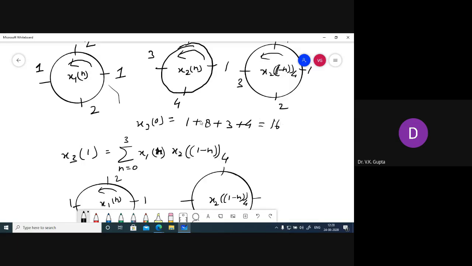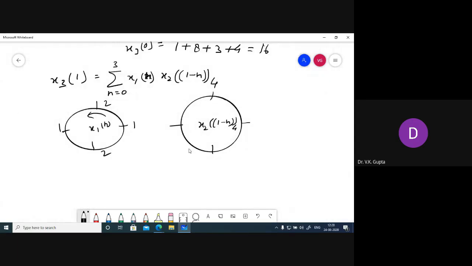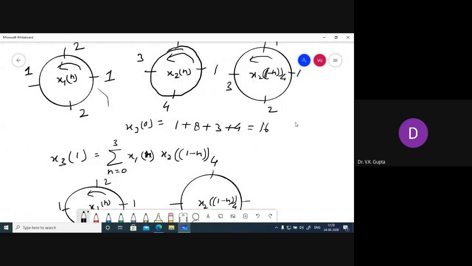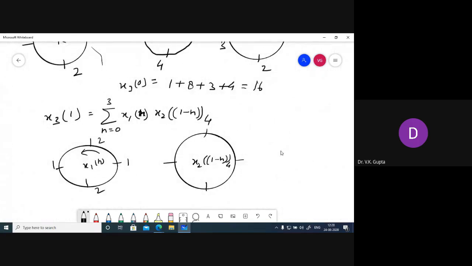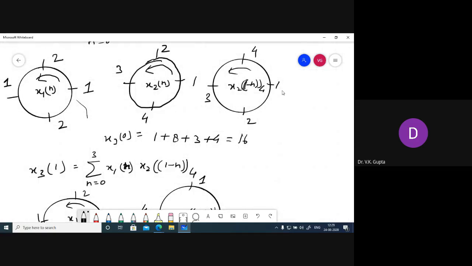So here the shifting will be in the positive direction. This sequence is shifted by 1 unit. 1 comes to here, 4 comes to here, 3 comes to here, 2 comes to here. These all are shifted by one unit in the positive direction.